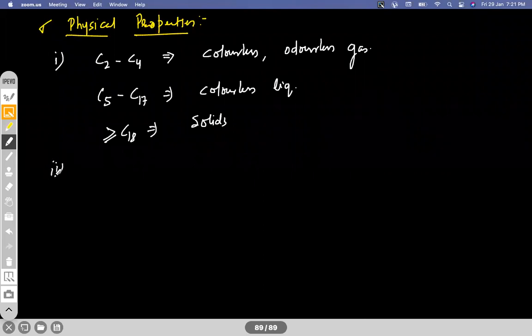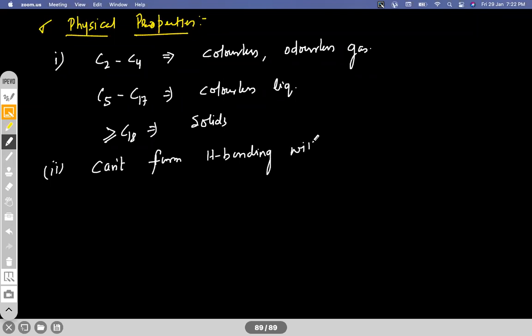Okay. Alkenes cannot form hydrogen bonding with water. Hence insoluble in water.